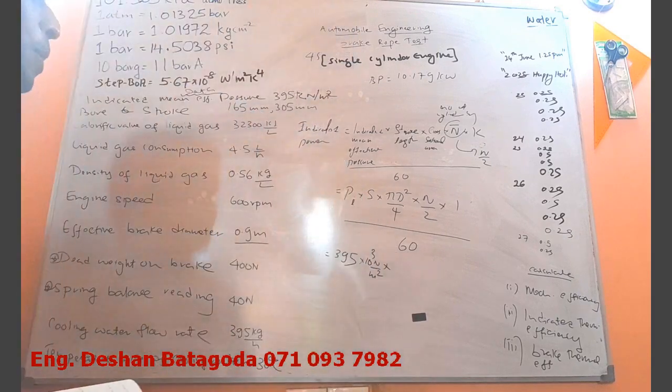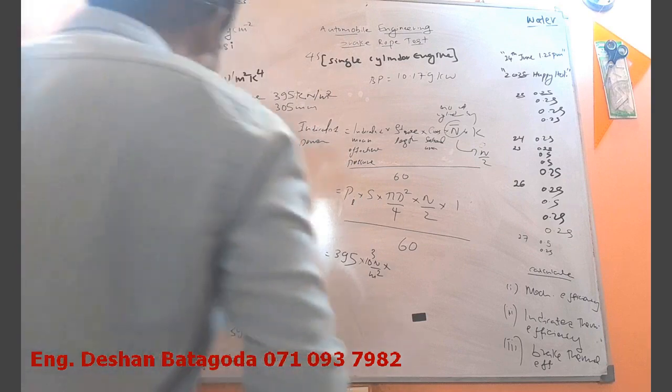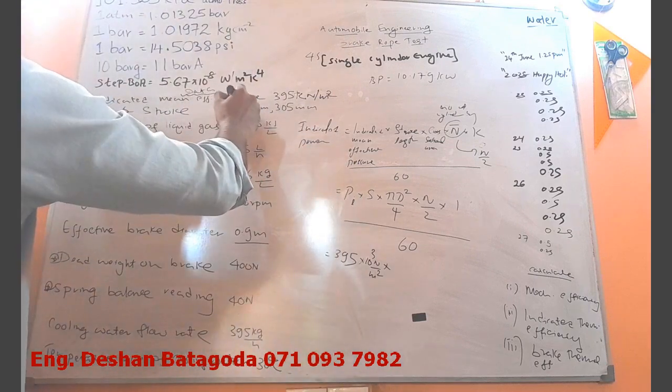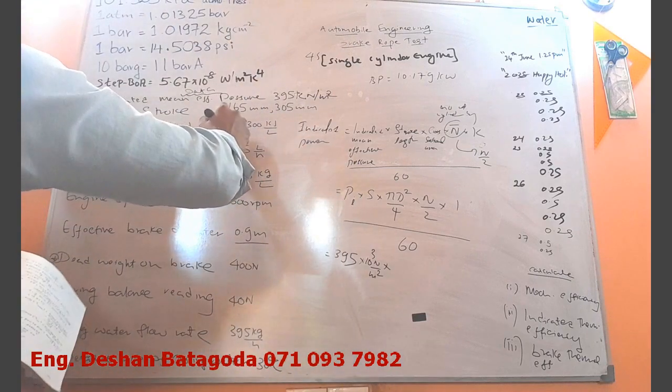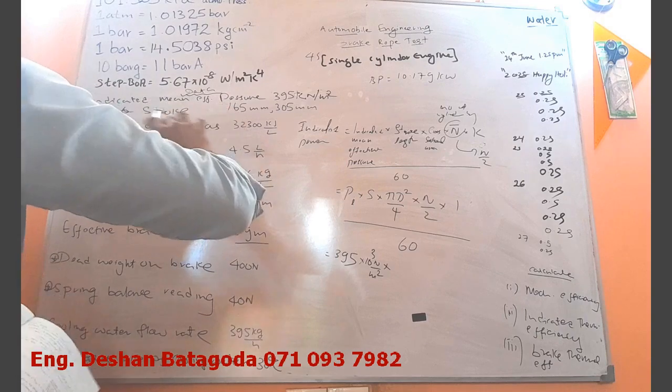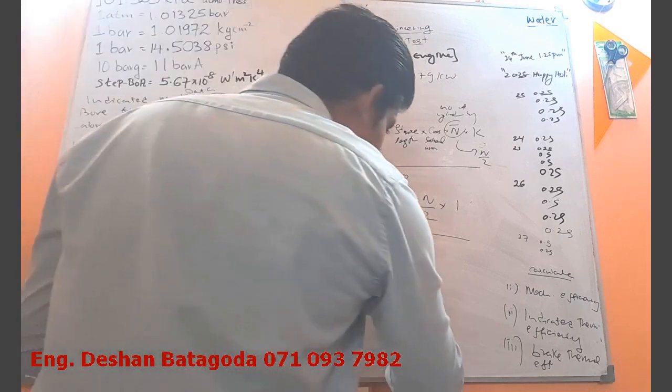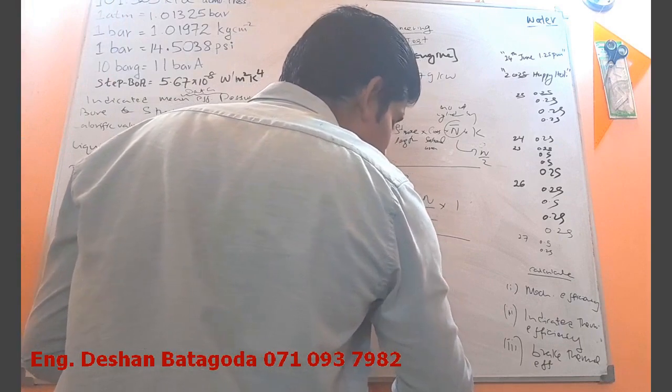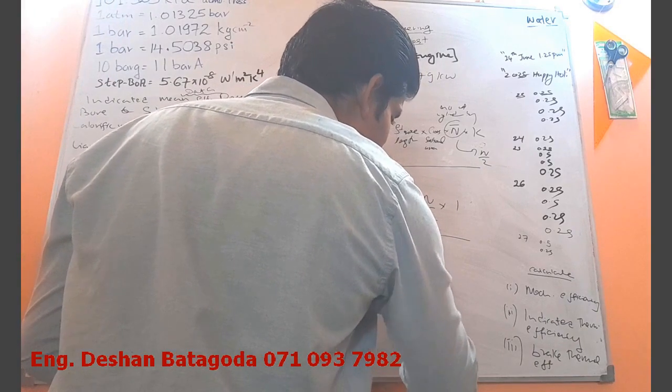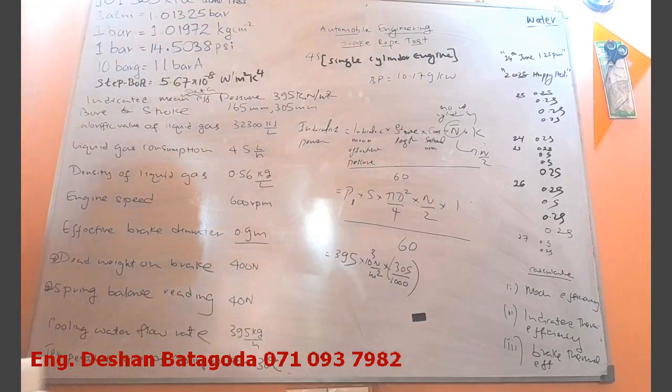Now stroke length. What is the stroke length? 305 millimeters, so divide this by 1000, and now we have stroke length in meters.